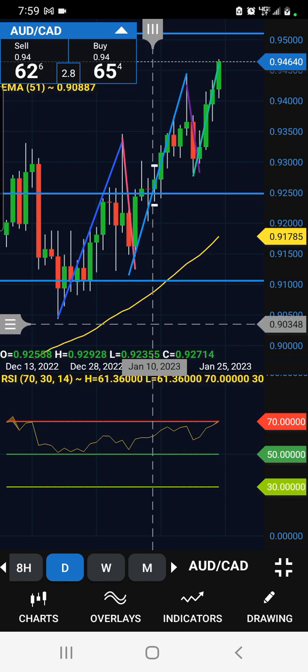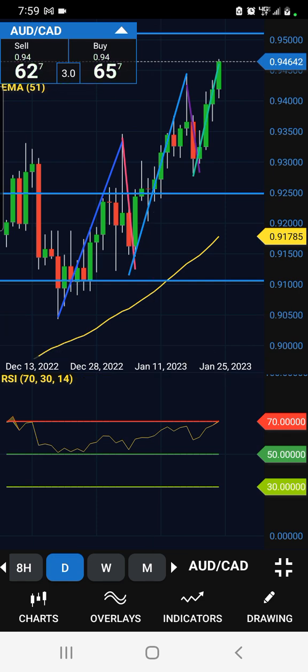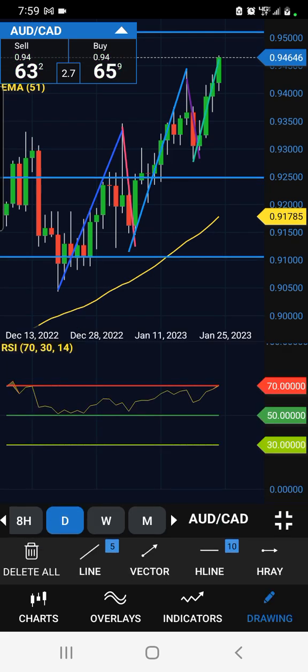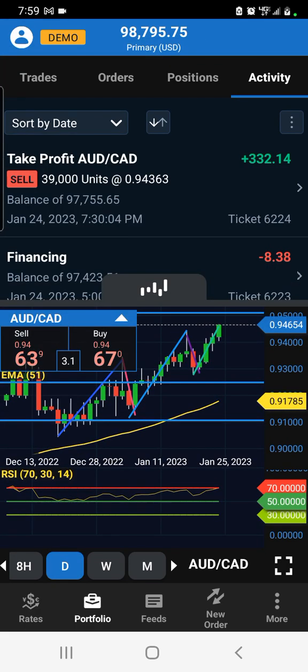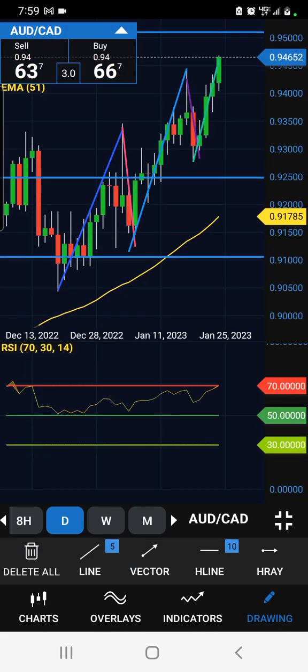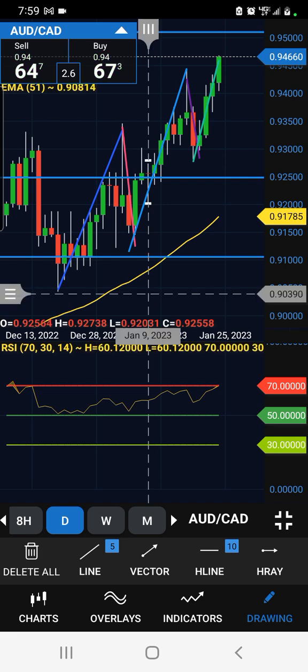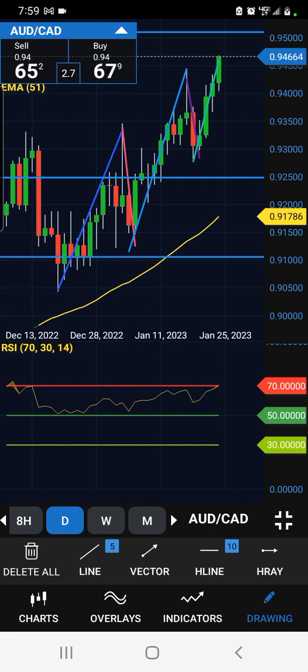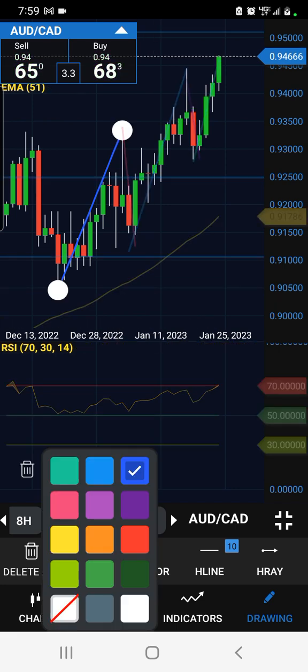And as far as the color that I use for my daily time frame, where is it at? Let me see if I can get it up here. It's tripping for a reason. Okay. It's this dark blue color right here. This is the color I use for my daily time frame.